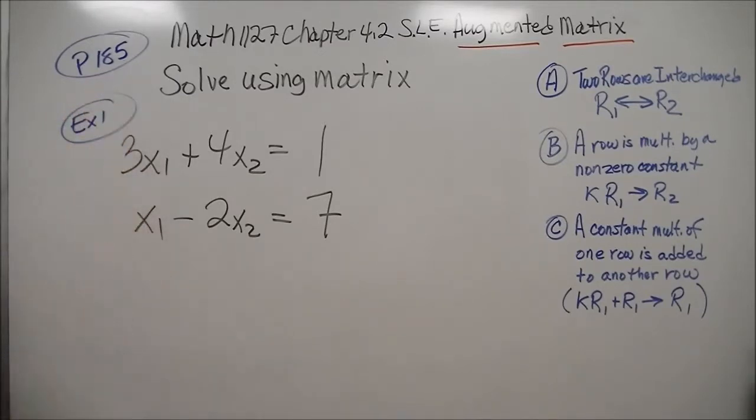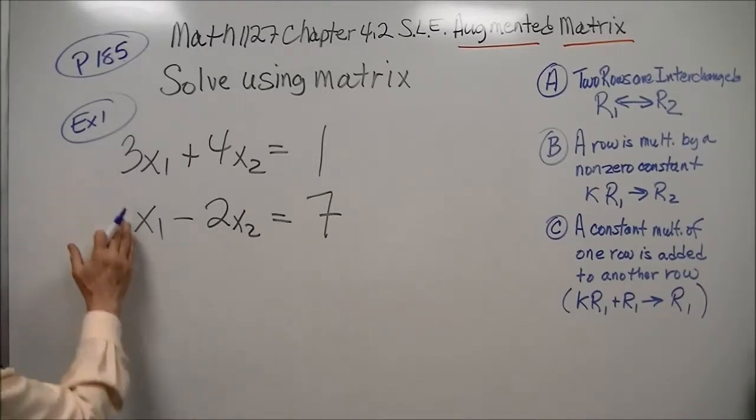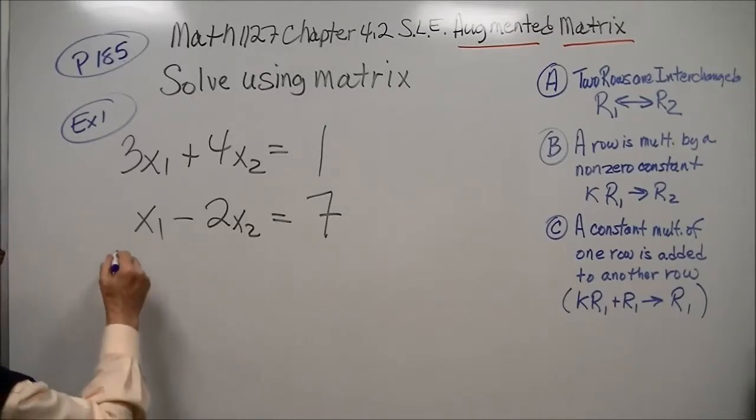It's in the textbook on this page. So we did a number of other things to go over background items. And now they're asking us to solve this using matrix. So step 1 is to convert this into a matrix.